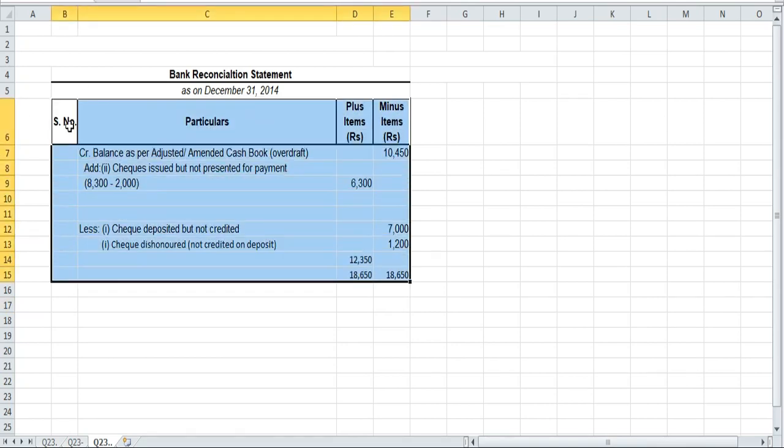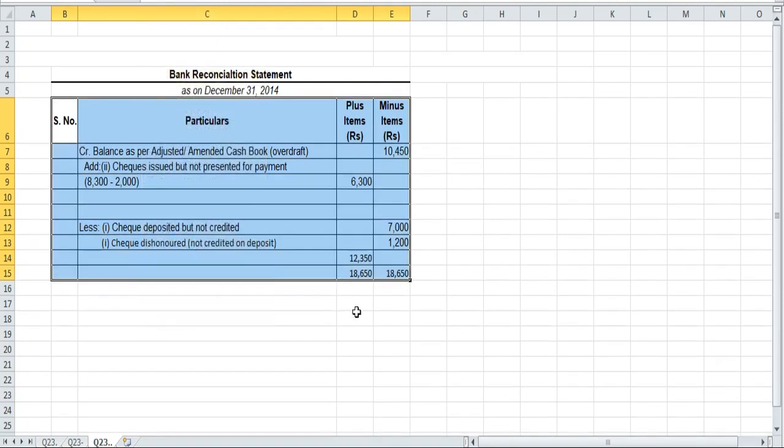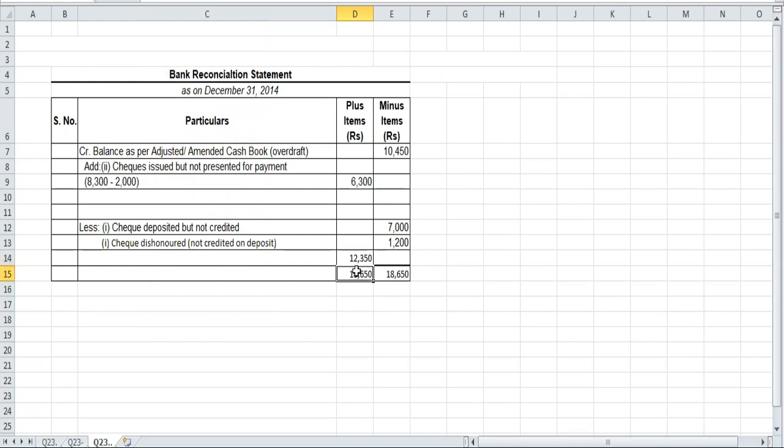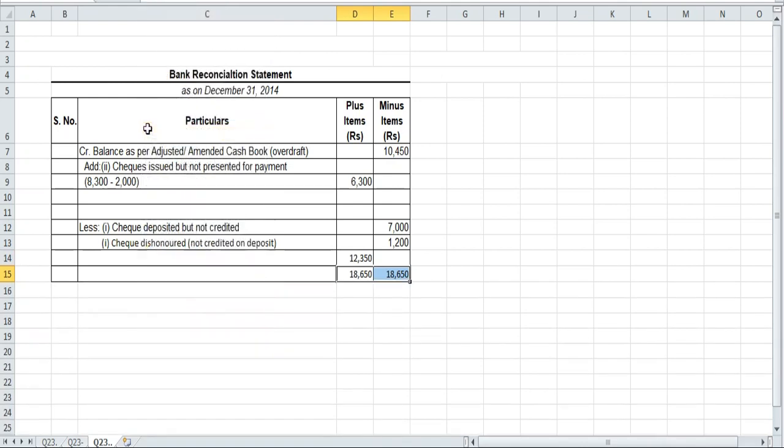We'll make the format look a little better, and then here we have a double border.